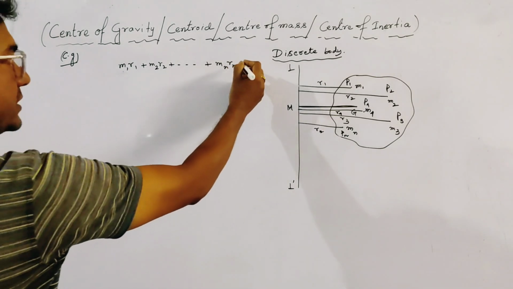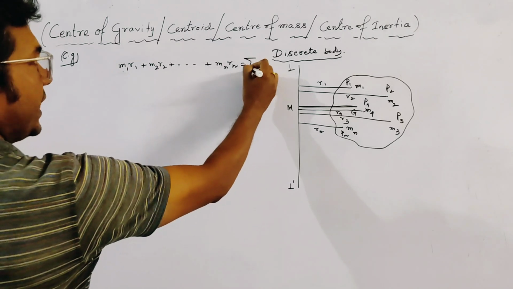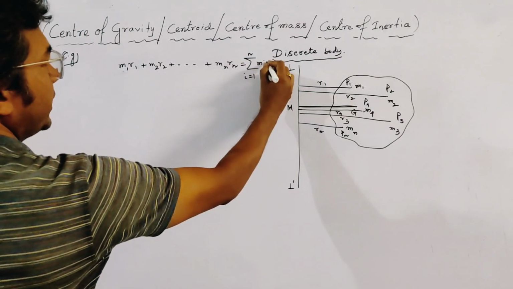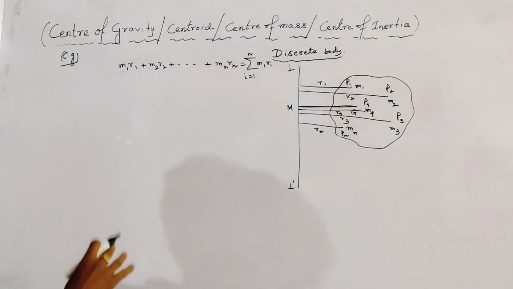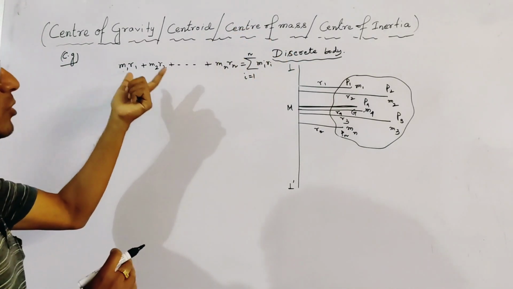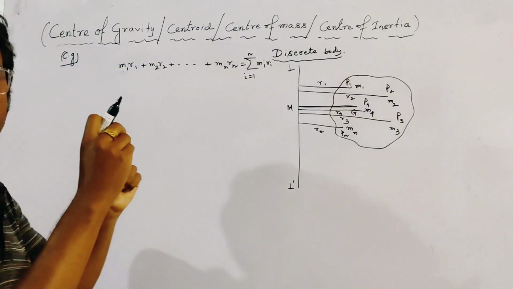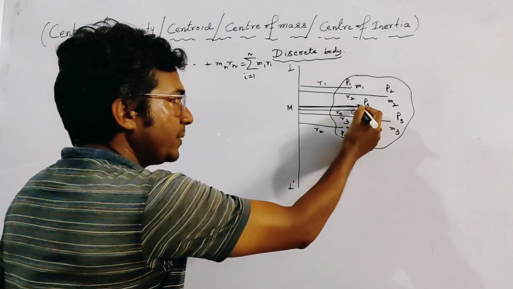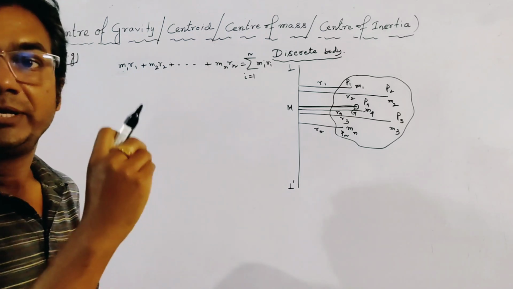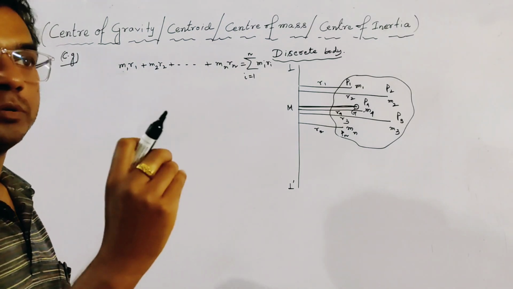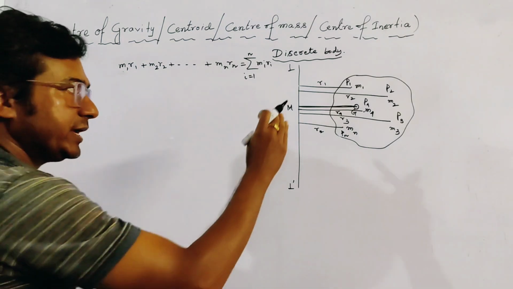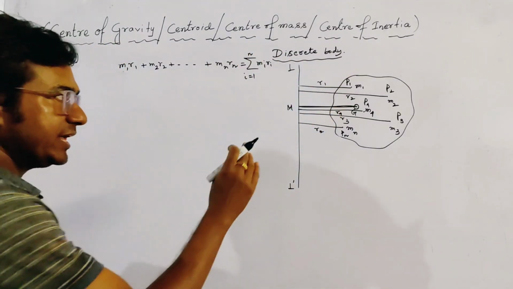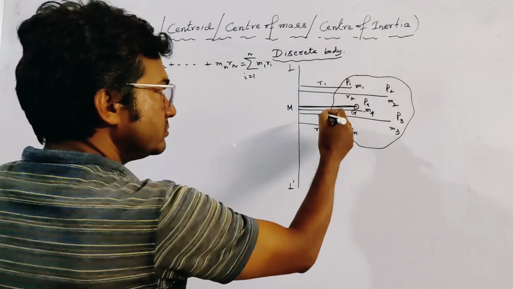We write this by summation as i equal to 1 to n of mi ri. This is the sum of the product of mass into distance, and G is the center of gravity.